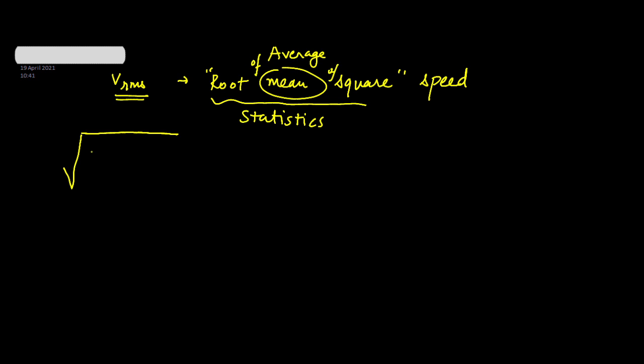What that means is, suppose you have 3 observations, x1, x2 and x3. Then you first find the average of their squares. See, these are the squares. How do you find the average? By dividing by 3. Again, I go through the steps. First step is you take the root of the average.